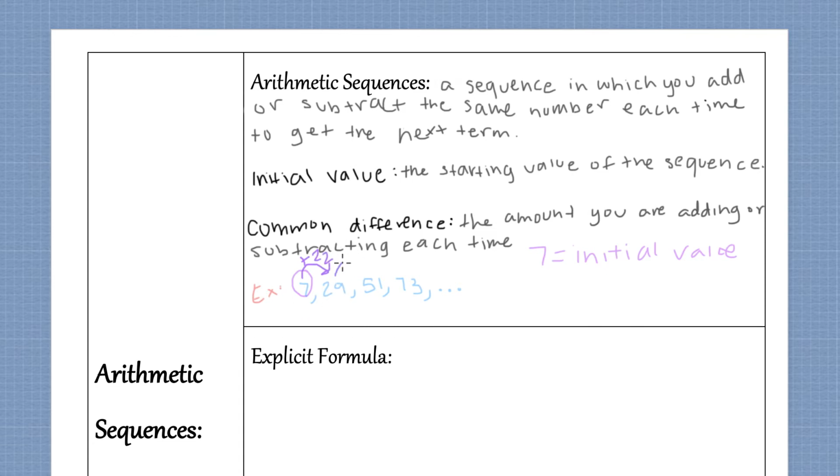If we want to check, we see how much it takes to get from 29 to 51, and the answer should be adding 22. So 51 minus 29 is actually 22, so plus 22. Each time you can see we are adding 22. So 22 would be our common difference, or to shorten common difference, we would write just d as the variable. Let's move on to the next one.